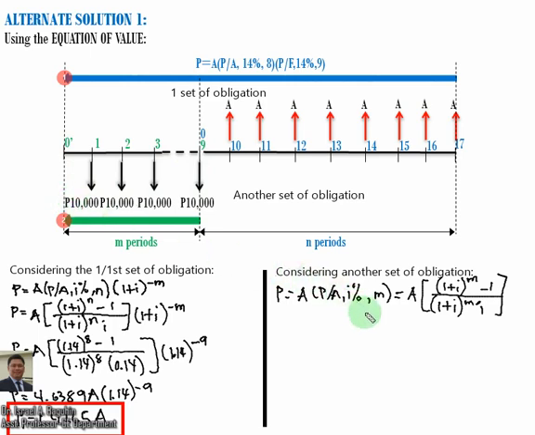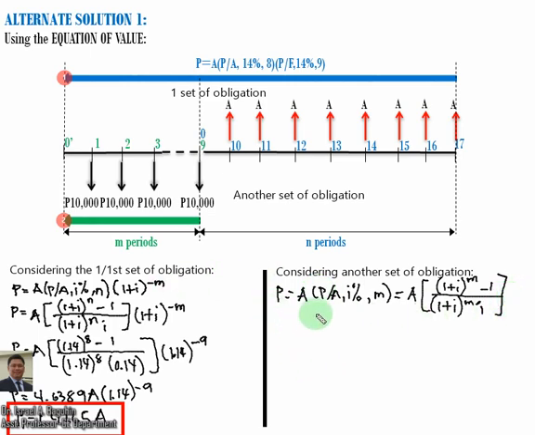So we are only going to use this formula without this factor. Just to remind everyone, this term refers to a period when there was postponement or deferment of an obligation. In this case, for this other set of obligation, there was no postponement or deferment of cash deposit, so it is not present here.